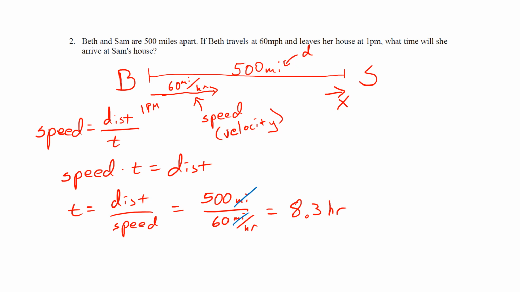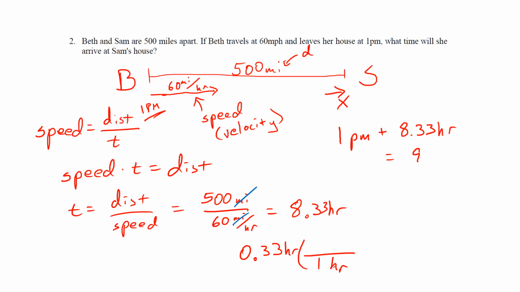This one's actually a little bit tough because we have to realize it's 1 o'clock. If she leaves at 1 p.m. and it takes her 8.33 hours, well, that would be 9.33 p.m. So let's convert this 0.33 into minutes.